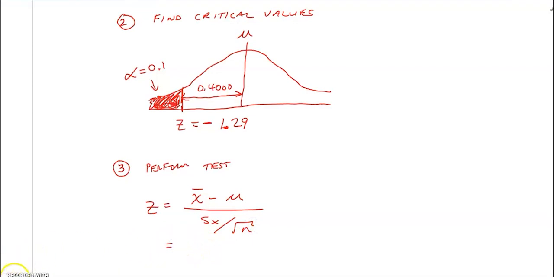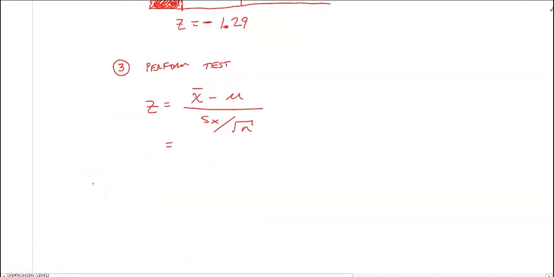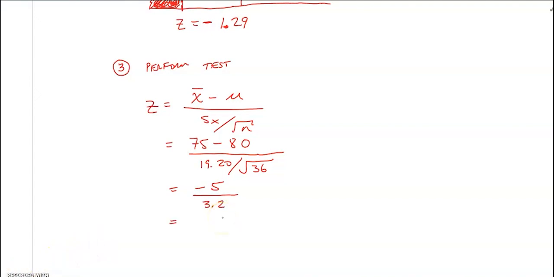From our question, we have $75 as the sample mean, minus 80, divided by $19.20 all over the square root of 36. That gives us a value of minus 5 on top, and then down below 3.2.